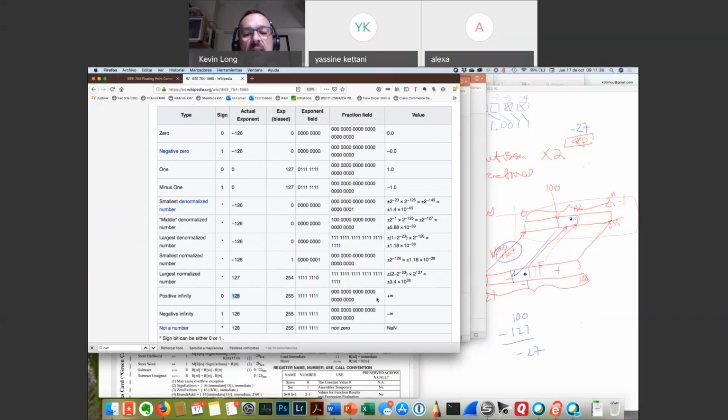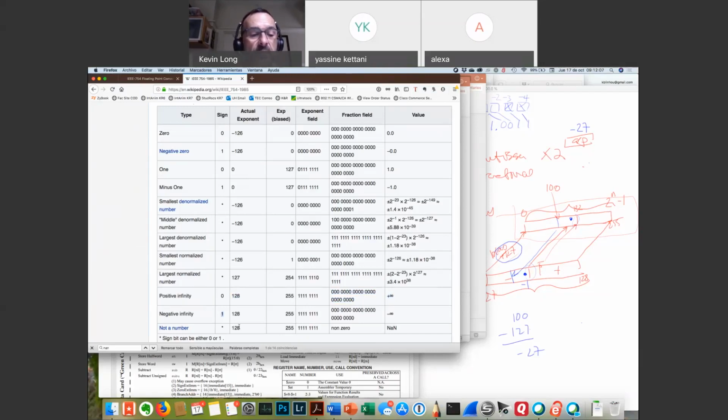Actually, the biggest number you can represent would be a 128 for the exponent, all ones for the mantissa. But that's not the one we're reserving for this. What we're reserving is the biggest possible exponent and all zeros for the mantissa. You should interpret that as a positive infinity. If you want to communicate negative infinity, set the sign to negative.